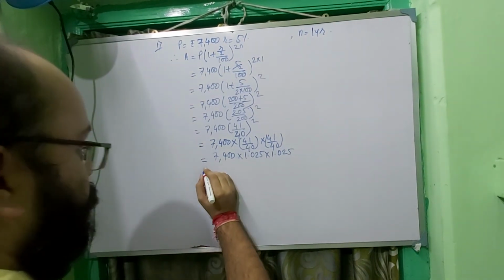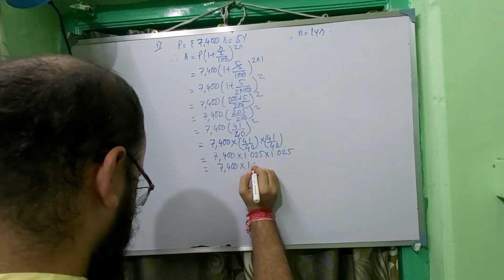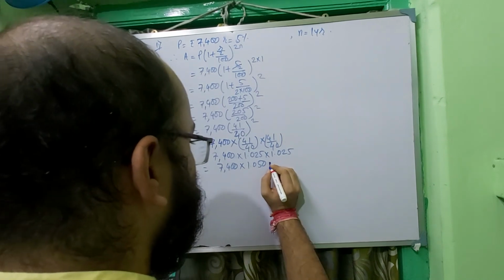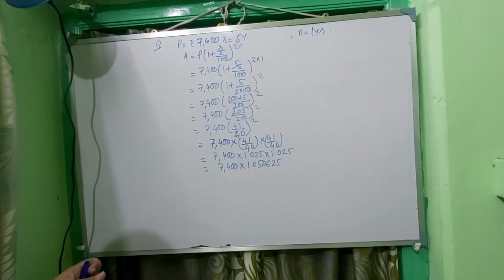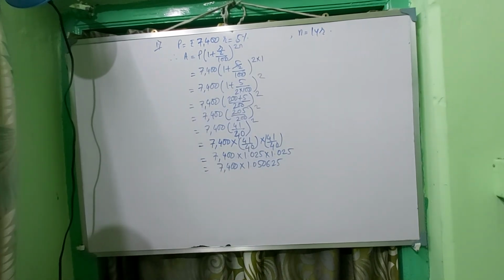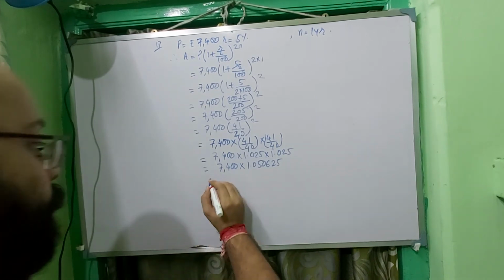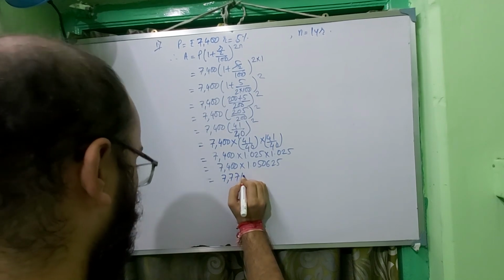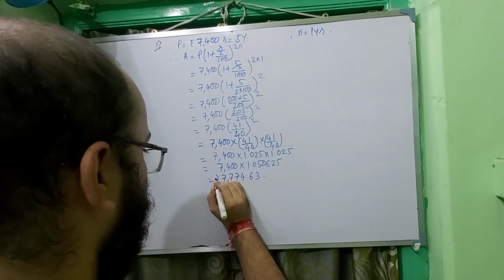It will be 7,400 into 1.050625. As I calculated in the calculator, 1.050625 into 7,400, it will become 7774.625. That will be the amount.